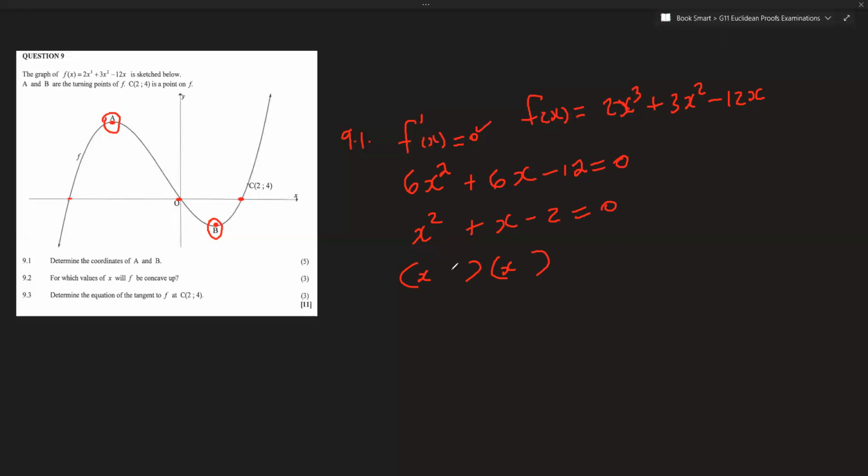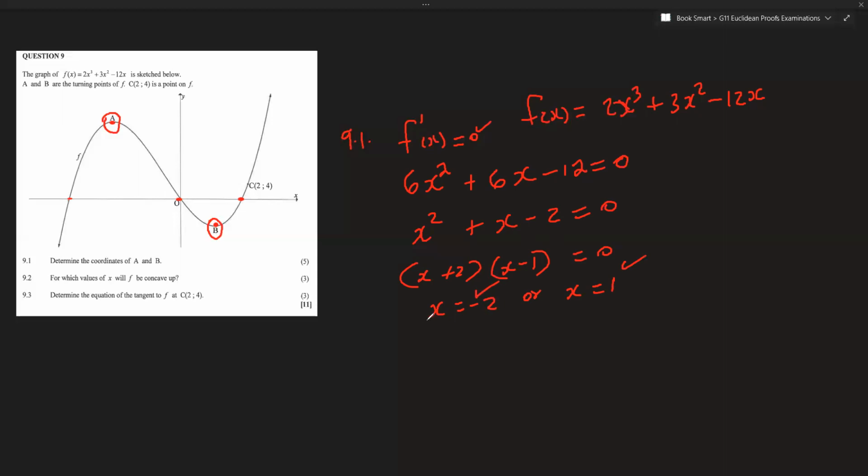So this is going to be plus 2 minus 1 equals 0. Then x equals negative 2 or x equals 1. Right. Even if you used the quadratic formula, you should still get to this point. So if you prefer using the quadratic formula, it's still okay. You'll still get the same answers.